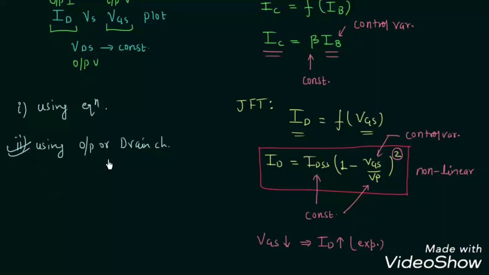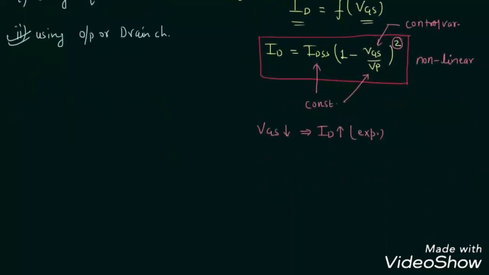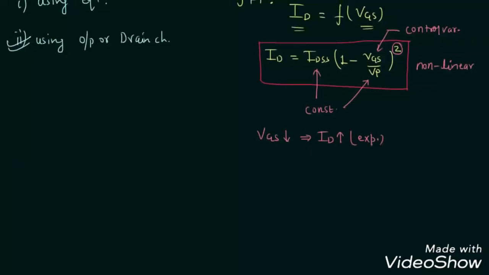We will use the output or drain characteristics because we already know how to obtain them. Now I will quickly draw the output or drain characteristics, and using it we will obtain the transfer characteristics.